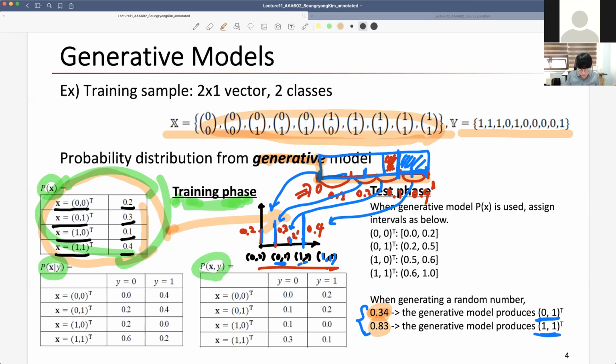For example, we can make a random seed range, something like 0 to 1. Then we can randomly pick one value. Let's say this is the random variable z. Based on this randomly sampled value z, we can generate the new x value, right?